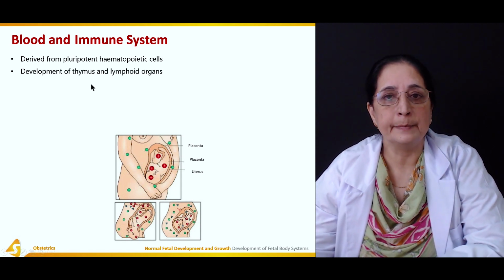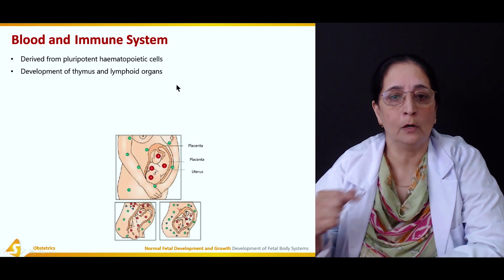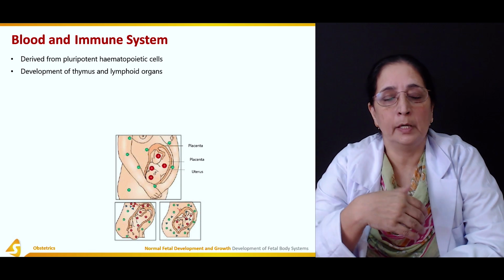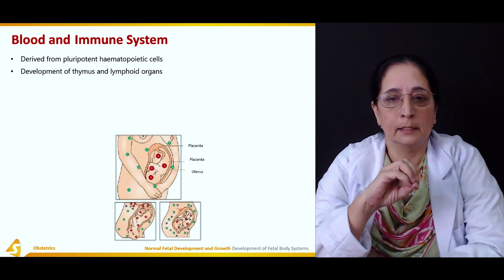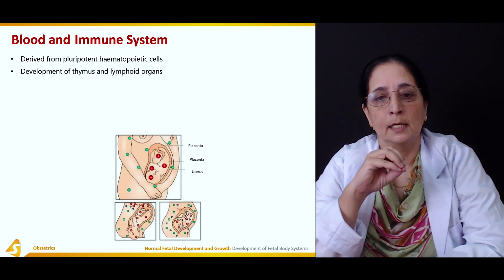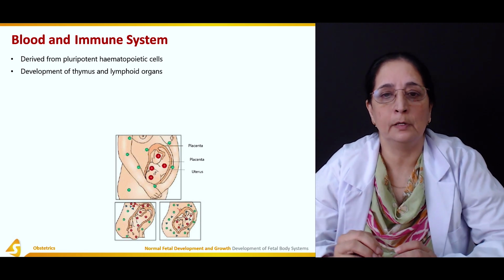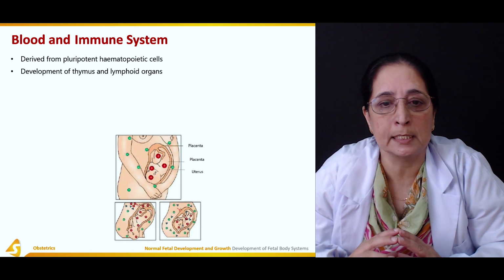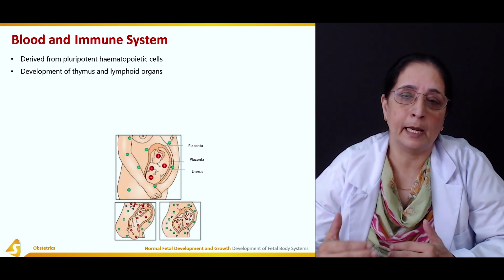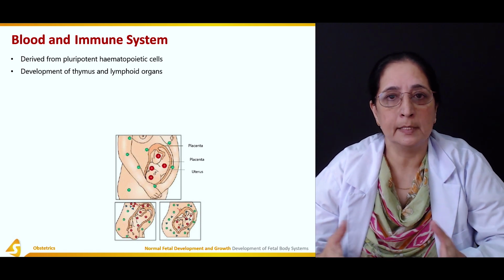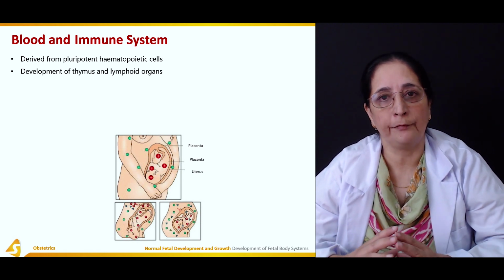Development of thymus and lymphoid organs. Blood is also formed in the thymus and lymphoid organs. They are mainly responsible for the immune system. At the onset of puberty, the thymus atrophies.